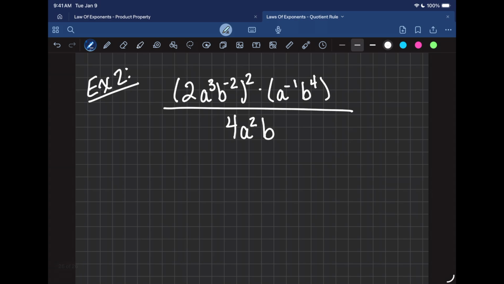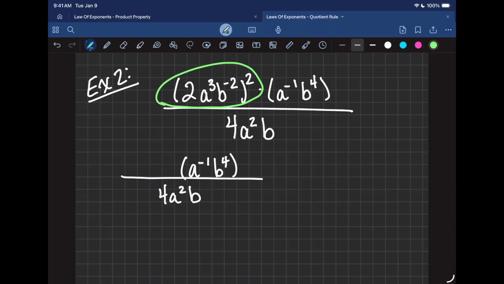Looking at our next example, I see that we have our power of a power rule right here. I don't see it anywhere else, so fortunately we are only going to do this once. I'm going to set this up over here. I'm going to recopy what we have on the right because that is not a power of a power rule. Same thing with my denominator. Now we're going to just deal with this part right here. I want to make sure everything inside that parentheses has an exponent.